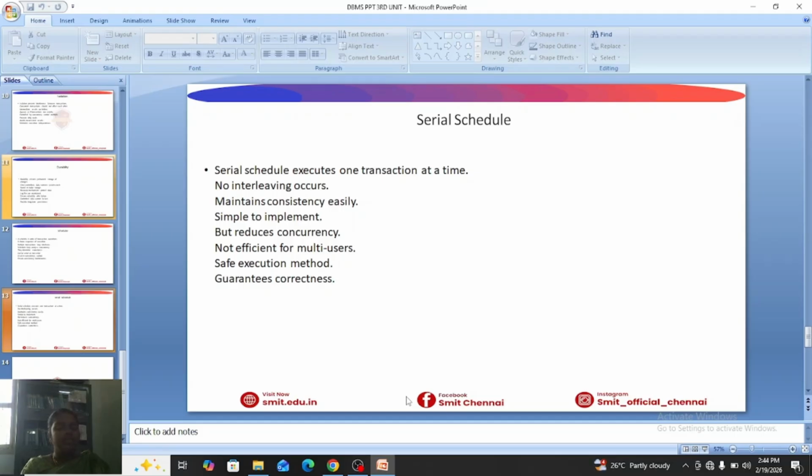It is simple to implement but reduces concurrency and is not efficient for multiple users. It is a safe execution method and guarantees correctness. Advantages of serial schedule are simple execution, no data inconsistency, and no concurrency problems.